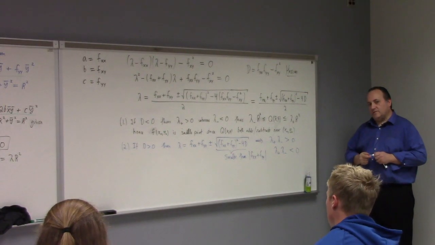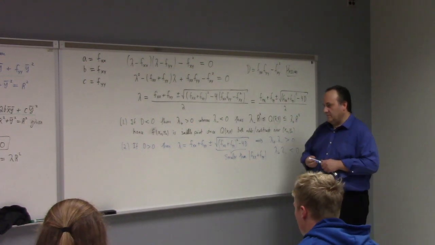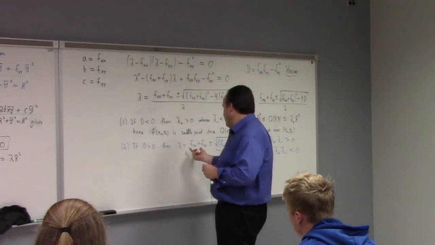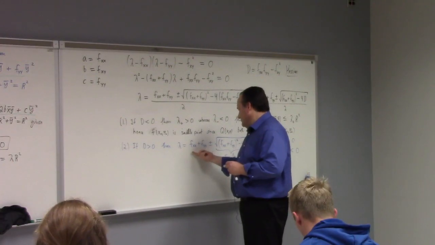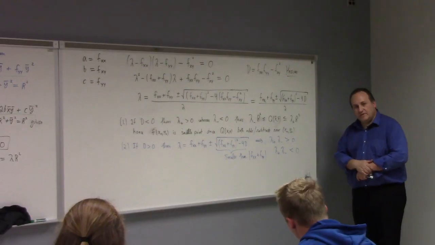So if that's the case, and we just argued that it is, we also have to have the case that, if you think about it, it's enough to just check the xx derivative itself, right?